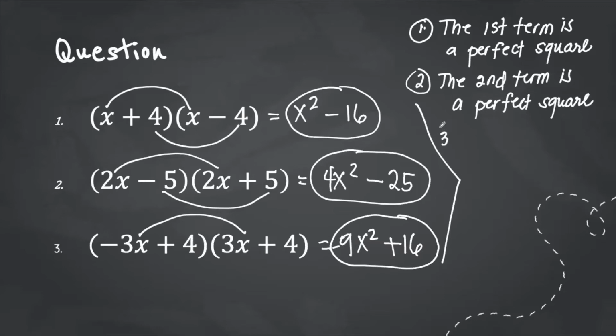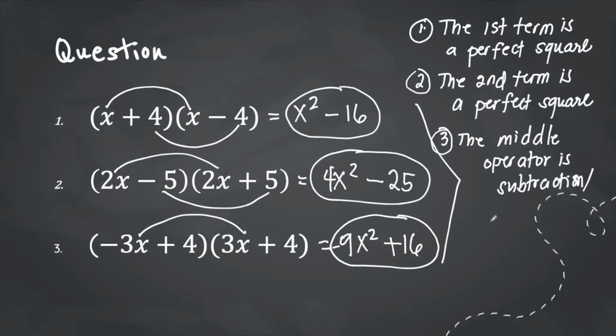And then the third observation is the middle operator for the first and the second example is subtraction. And for the third example, one of the terms is negative.